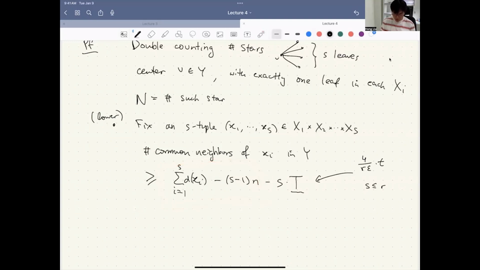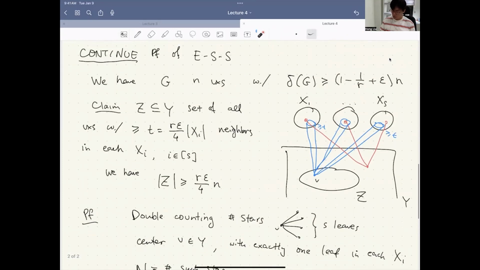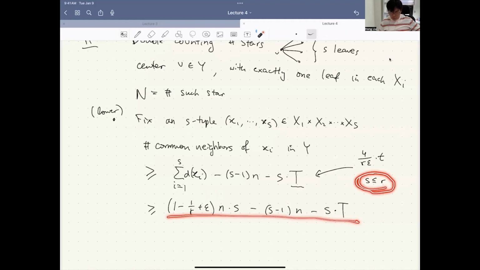Let's count it. This is at least, since every vertex has at least the minimum degree, (1 - 1/r + epsilon) n times s, minus (s-1) times n, minus s times T. If you do the optimization, this is minimized when s is as large as possible, when s equals r.